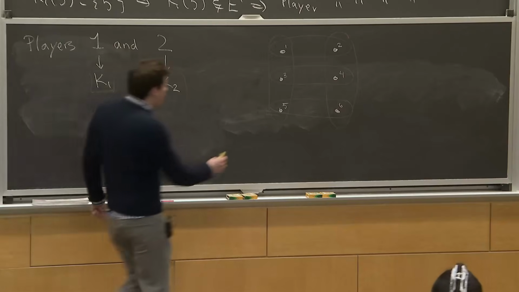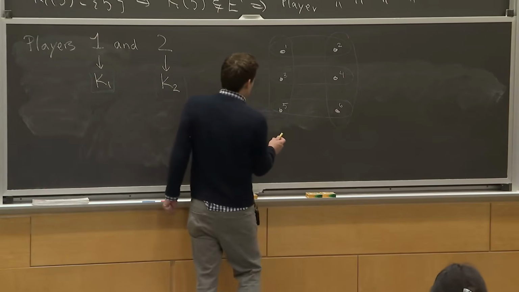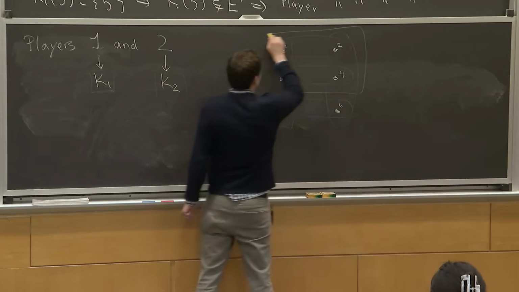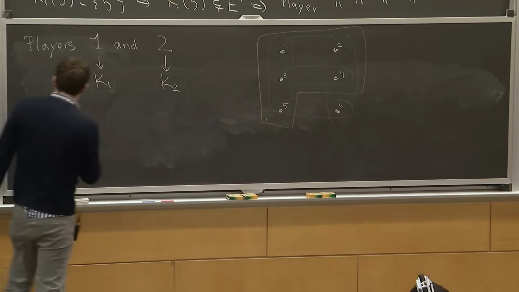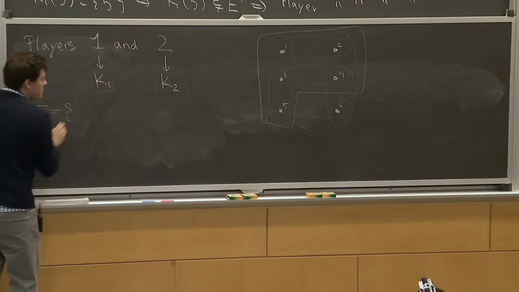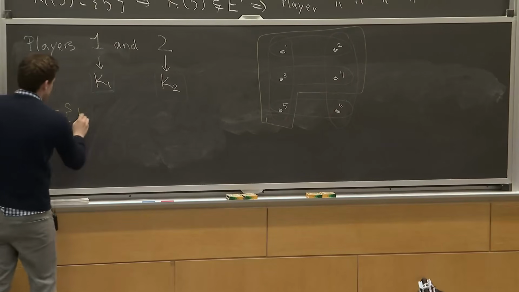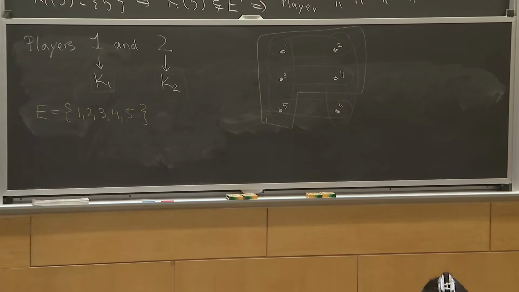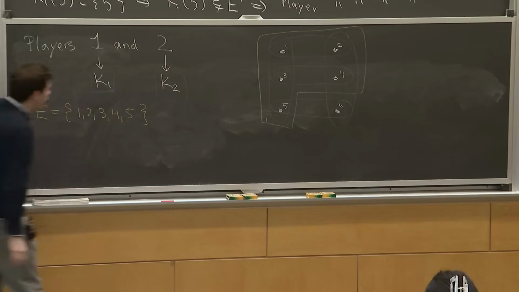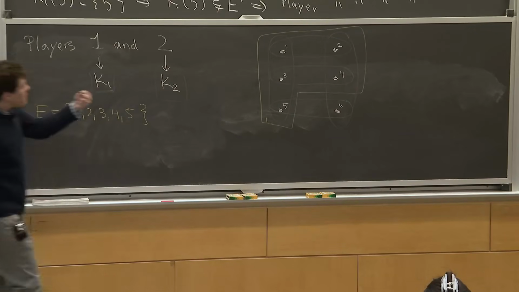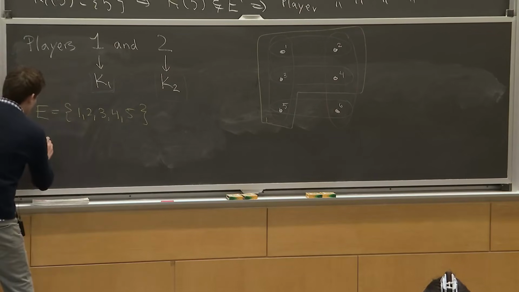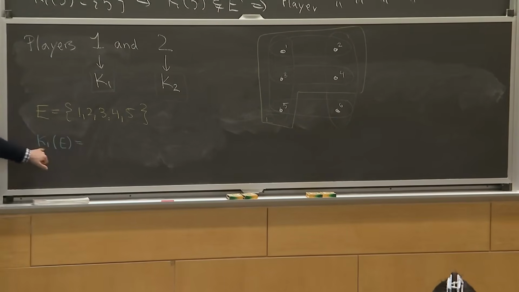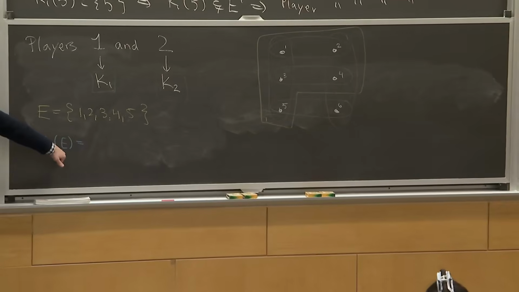And now let's draw an event here. So let's let E be the event 1, 2, 3, 4, 5. So now maybe first, let's describe the event K1 of E. So this is going to be in which states does player 1 know that event E has occurred?